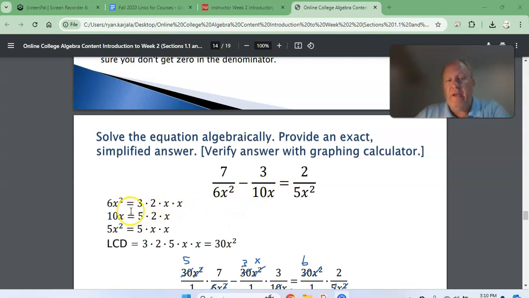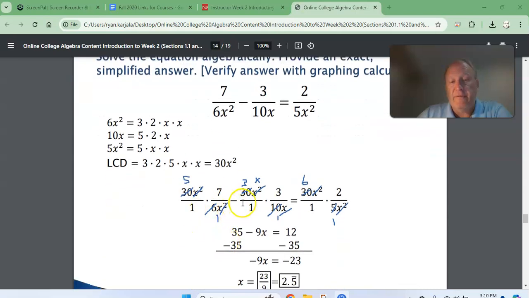If you break up 6x squared into factors, 3, 2, x, and x, 10x into 5, 2, and x, and 5x squared into 5, x, and x, you're going to see your least common denominator is going to be a 3, a 2, a 5, and 2 x's. So your least common denominator is 30x squared, so if you multiply every single term by 30x squared, you reduce the fraction down to 30 minus 9x equals 12, which is much easier to solve.